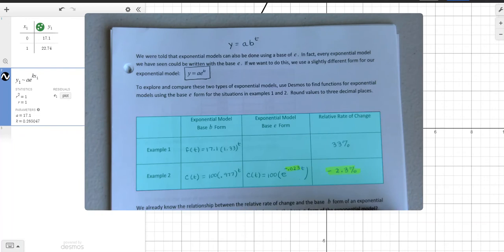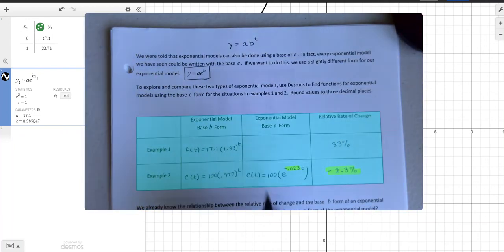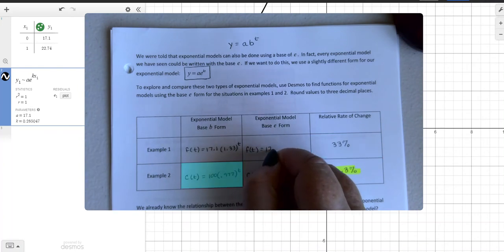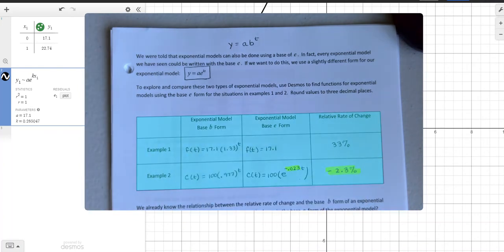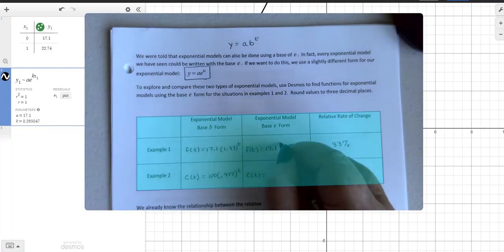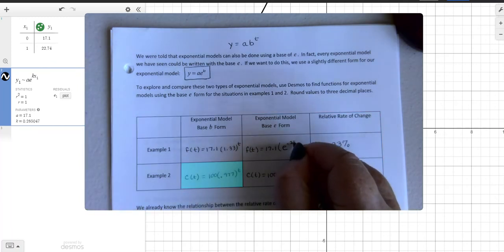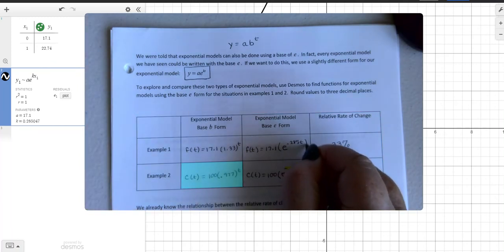So if I want to write down my exponential form, I have the 17.1, the starting value is exactly the same. And then I have e to the 0.285 t.